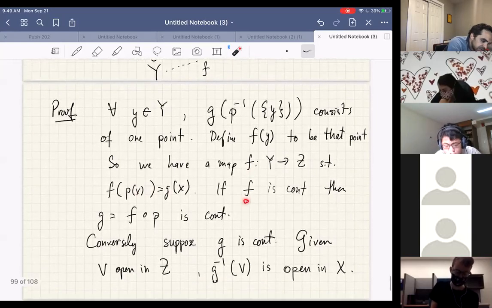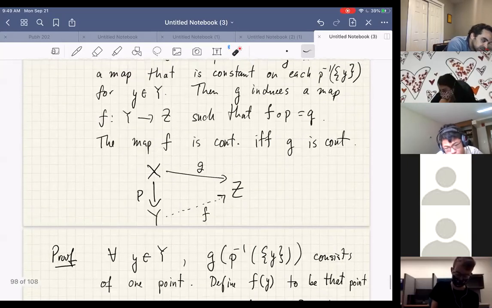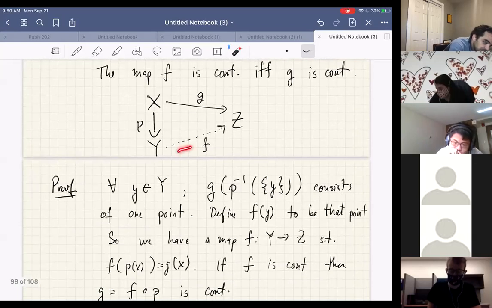So I wanted to show that first, there's an induced map F, and second, that the map F is continuous if and only if G is continuous. So first, I'm claiming that if F is continuous, then G is continuous.